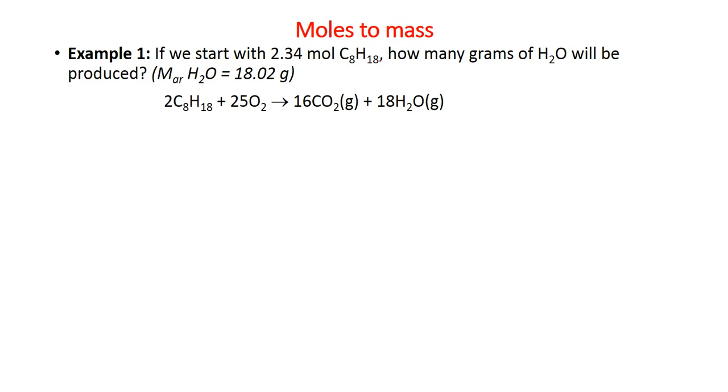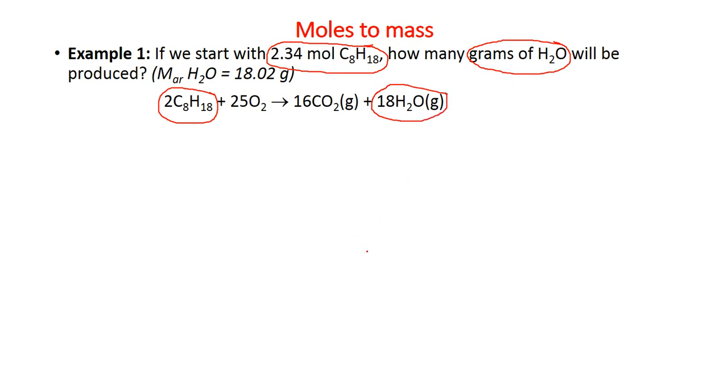Here we see that we are given 2.34 mole of octane, but we want to determine the grams of water. This is what we want to do. So the first thing we are going to do is to connect the two. Moles of octane, and here the water.